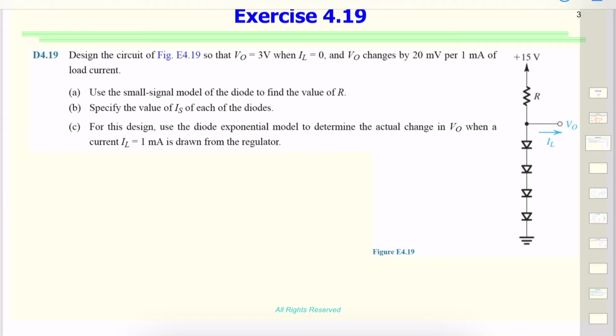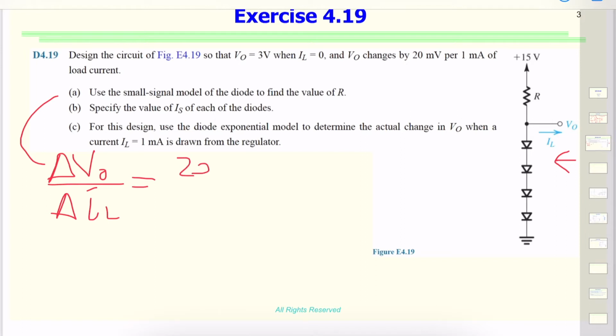We have to find the output resistance, which is the resistance that we would be looking from this side, and that's a function of the output voltage and the load current. So this is for the small signal analysis.